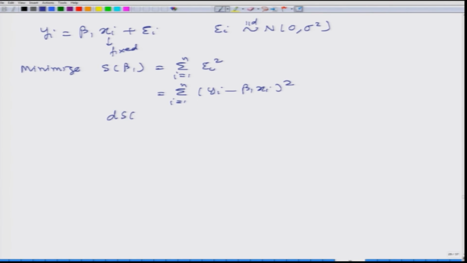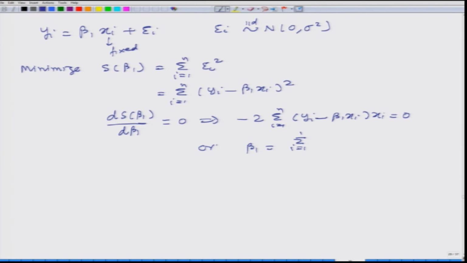Now, when I differentiate it with respect to beta 1 and put it equal to 0, this gives me minus twice the summation of yi minus beta 1 xi, times xi, equal to 0. When I solve it, this gives me the value of beta 1 as the summation of xi yi upon the summation of xi square, right. So, this is an estimator of beta 1.